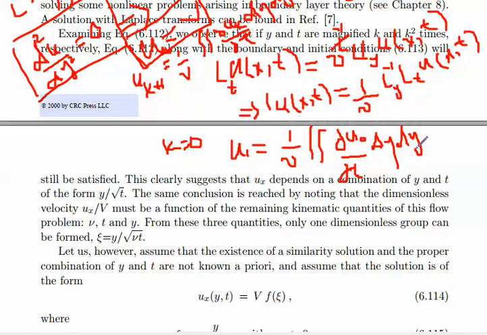So now we have the partial derivative of the unknown function with respect to t, and here the integration is in terms of y.